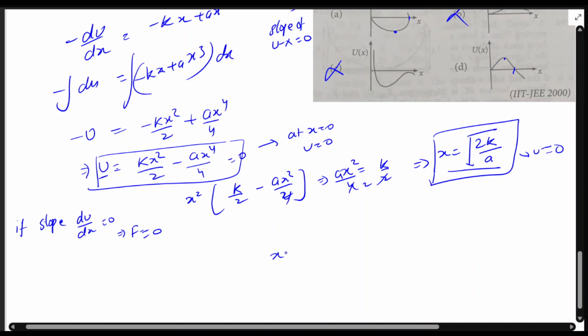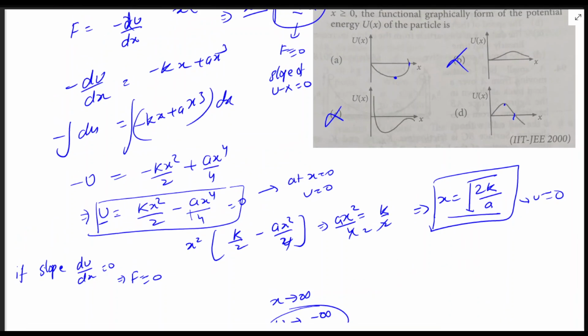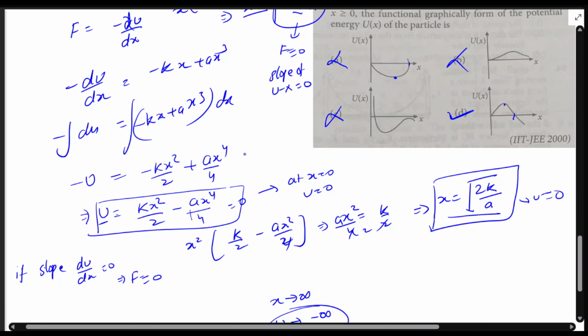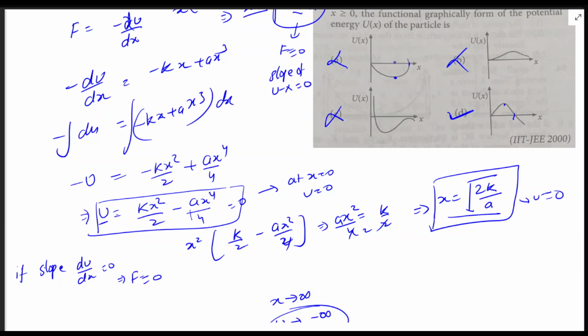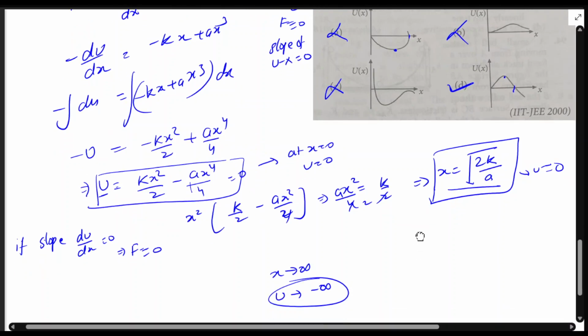Let's just put x to infinity. If I put x infinity, this term will dominate, so u will be minus infinity, right? So which option will it be? It will be simply this option, going to minus infinity. So this is wrong, it is going to plus infinity and bending like this. So this graph is wrong, absolutely.